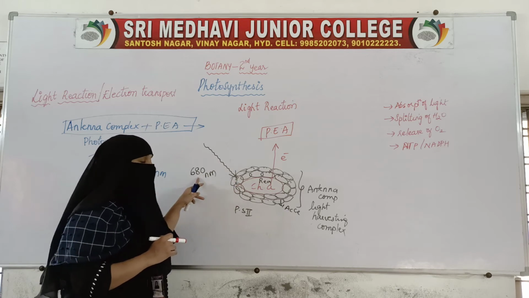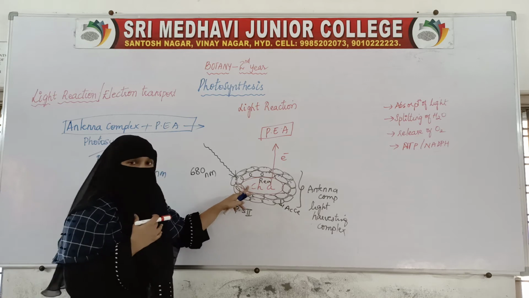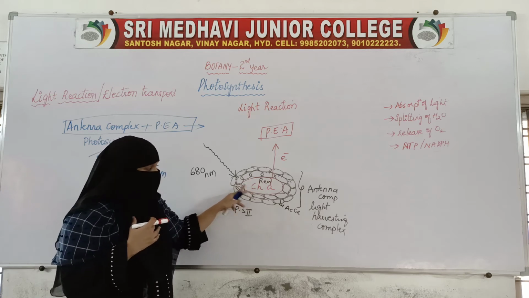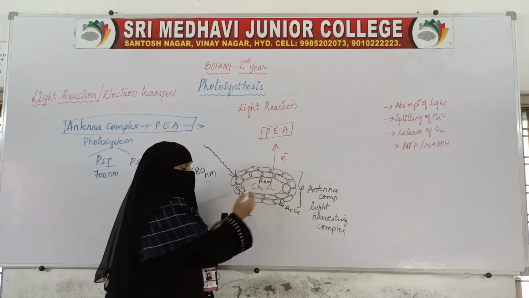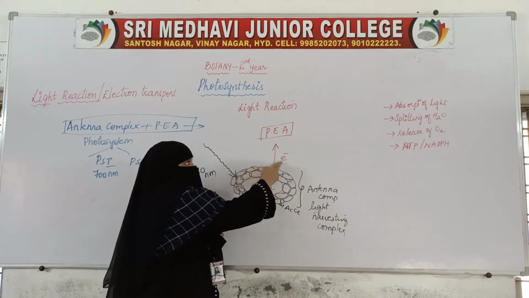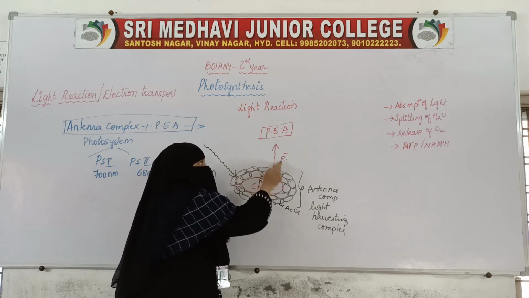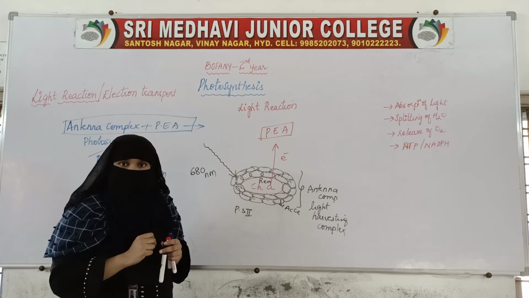Light of 680 nanometers wavelength has been absorbed by this reaction center chlorophyll A as well as these accessory pigments. Because of this energy, the chlorophyll gets excited and ejects one electron, which will be accepted by the primary electron acceptor.